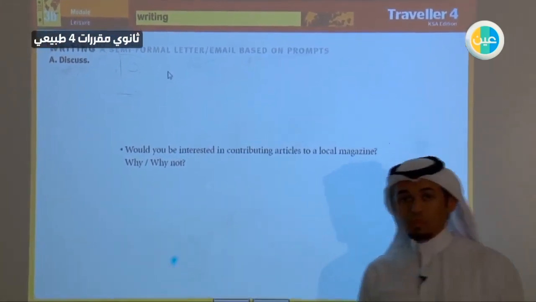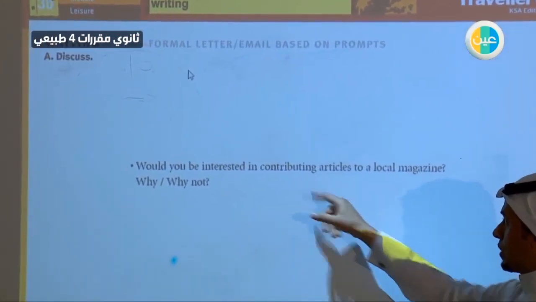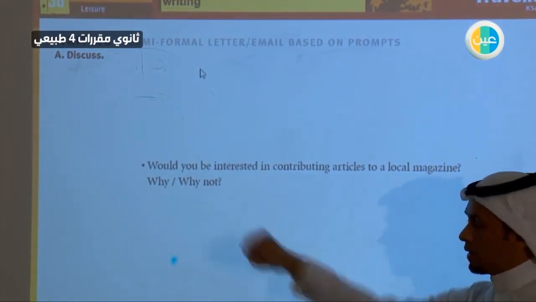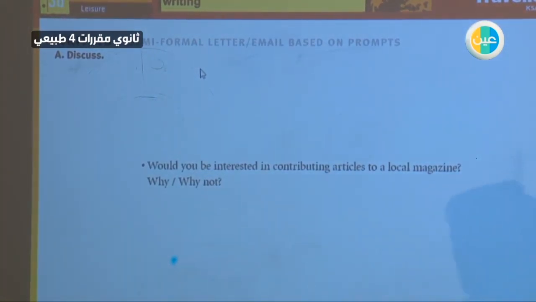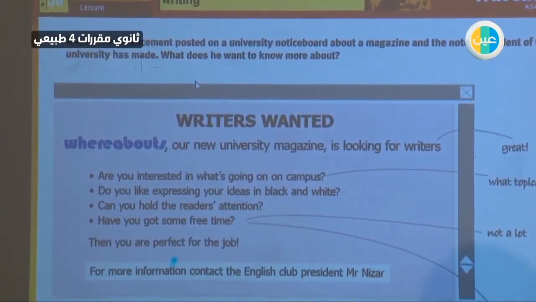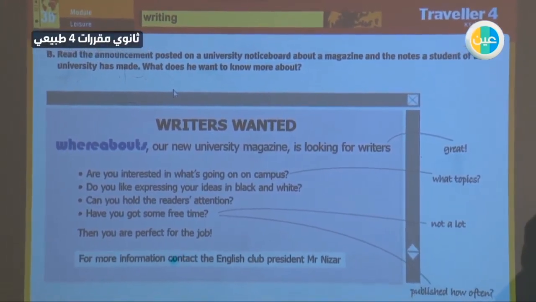Discuss. Would you be interested in contributing articles to a local magazine? Why or why not? This is the note that is given. It is a note on the notice board.